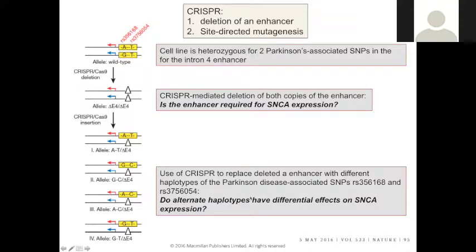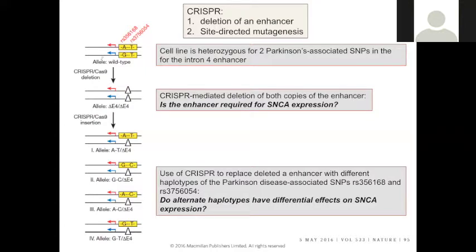So what did these authors do? They wanted to test, first of all, whether this region of intron 4 in the alpha-synuclein gene actually included an enhancer. The second question they were interested in asking is, what is the key nucleotide, the key allele that is required for the enhancer activity associated with Parkinson's disease?